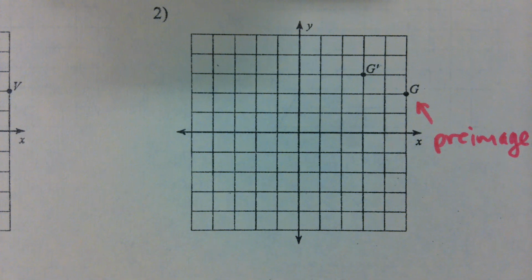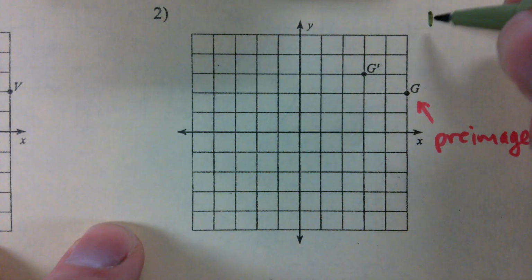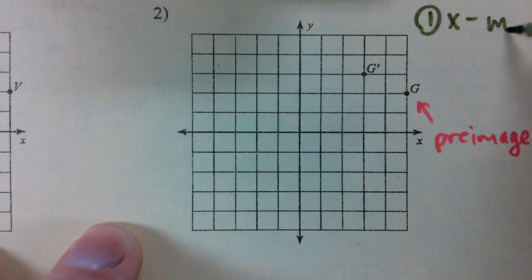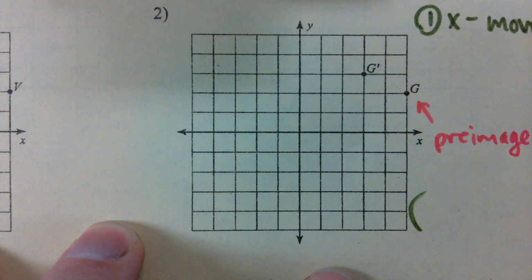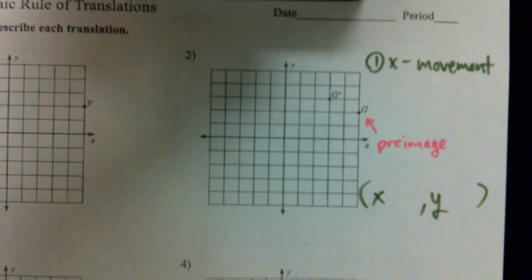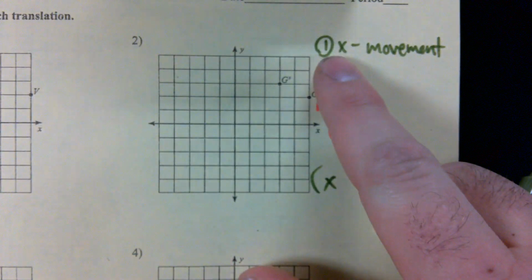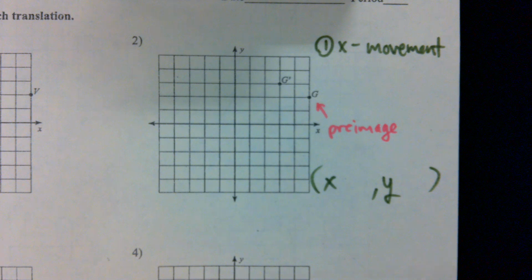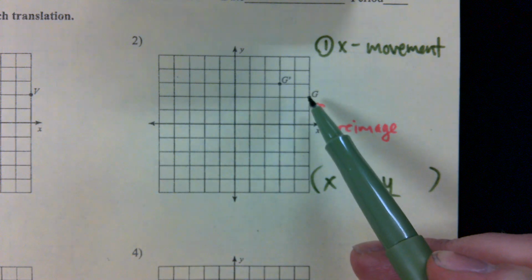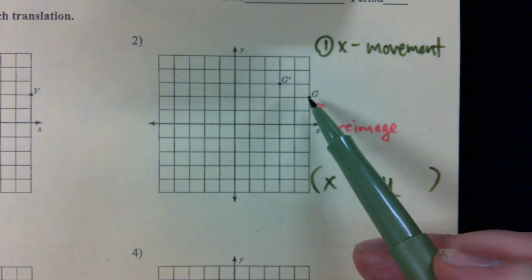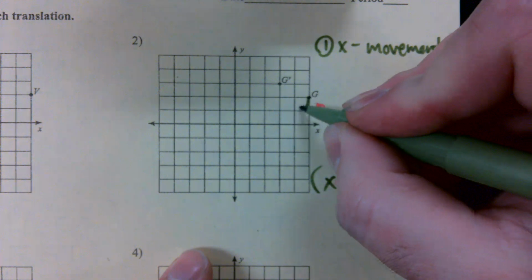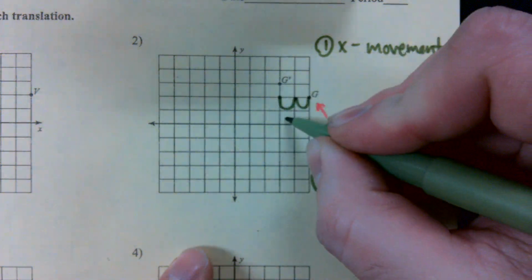I see some people pointing to the left and saying to the left. That's absolutely right. You always want to do your X movement first, because that's going to be the first number that you write in your rule. So starting at our pre-image, G, without an apostrophe, we're going to count out 1, 2 spaces.